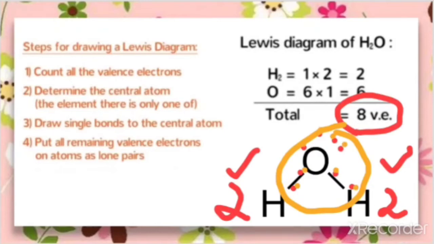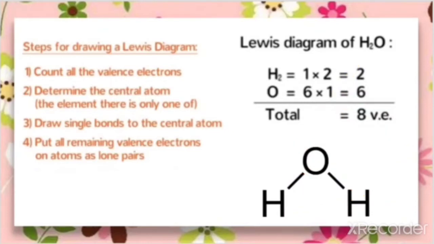So the oxygen is also stable. This is the correct structure, in which the two hydrogen atoms are terminal and the oxygen has two lone pairs, so it is a stable molecule.